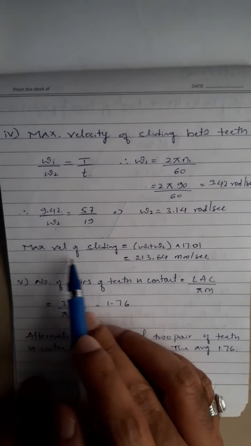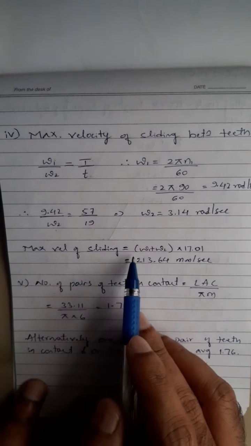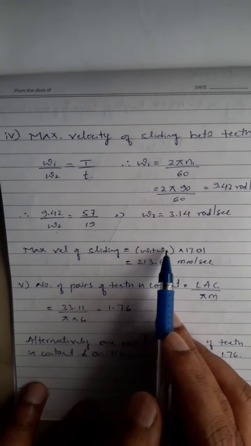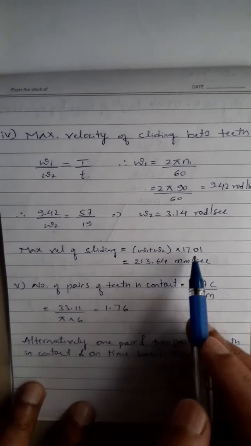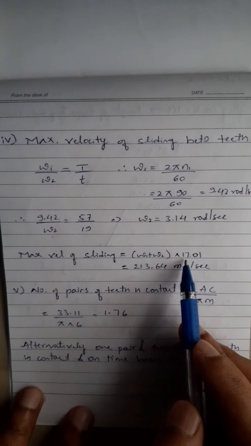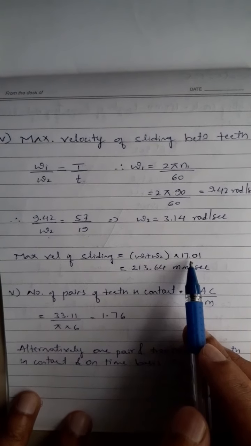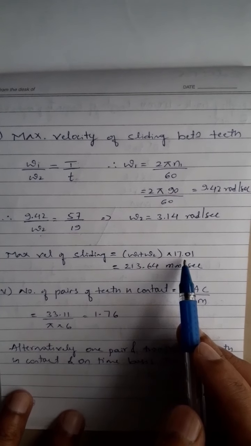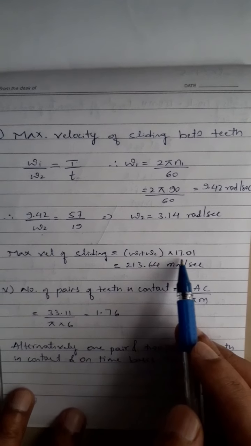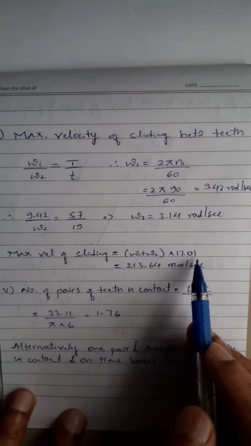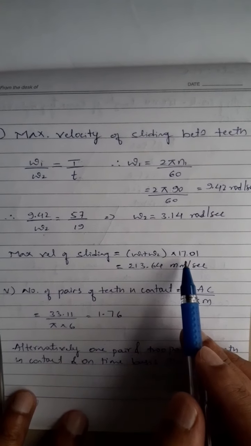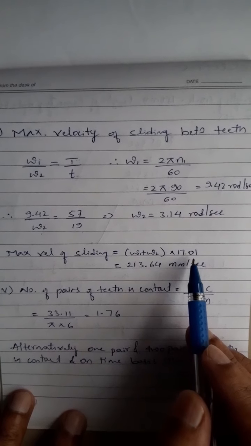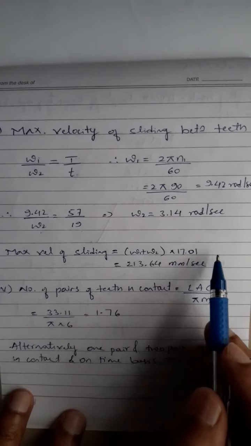Therefore, the maximum velocity of sliding is the sum of the angular speeds of the pinion and wheel into the maximum value between the length of path of approach and the length of path of recess. Whichever is the maximum value, we multiply with that. In this problem, the length of path of approach is 17.01 and the length of path of recess is less than this, 14 point something.